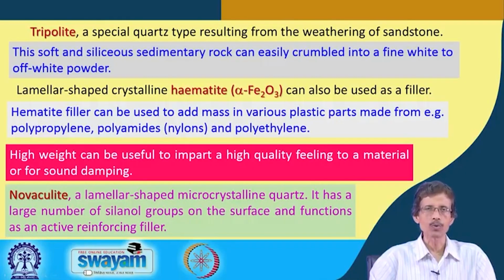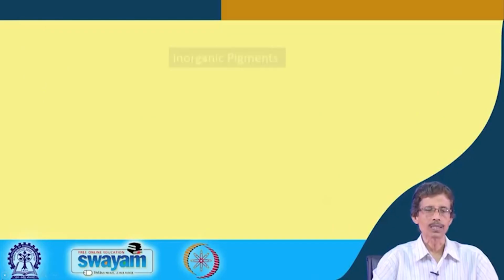So it can give you the final product as a reinforced material by these inorganic filler materials. So these are all examples of inorganic filler materials that we can make and produce for some useful applications and purposes.